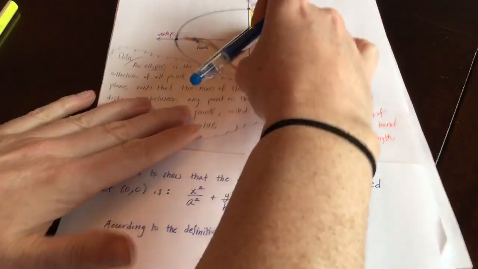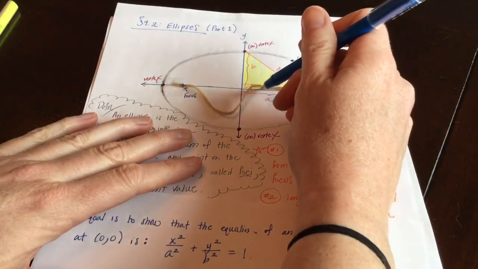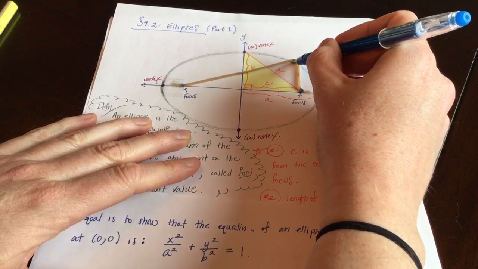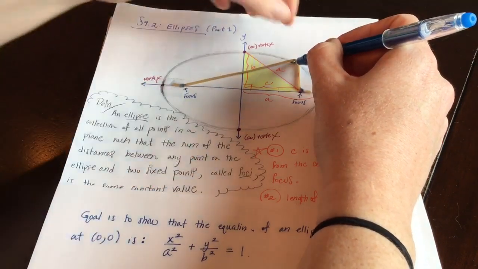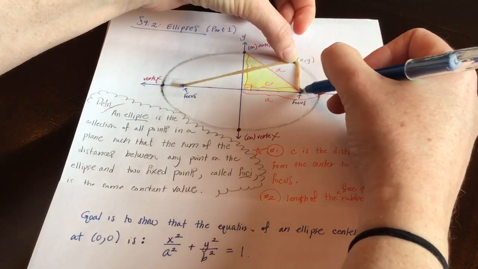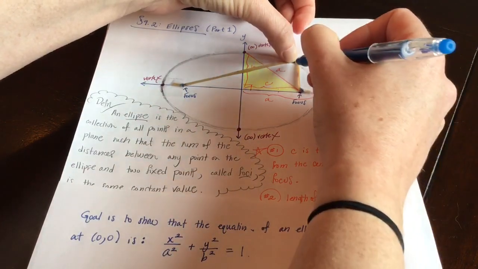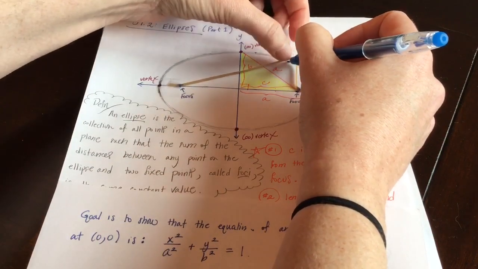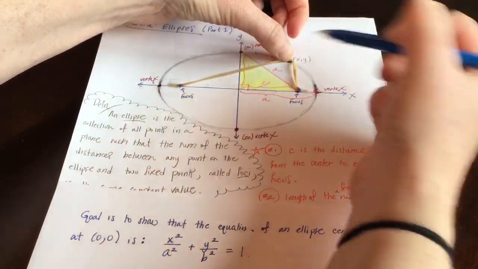Well, if you think about what the rubber band made sure of, for example, this point x, y right here. What did it make sure of? It made sure that this distance plus this distance would always be the same thing, whether you're here or here or here. You add up those two distances and you always get the length of the rubber band.